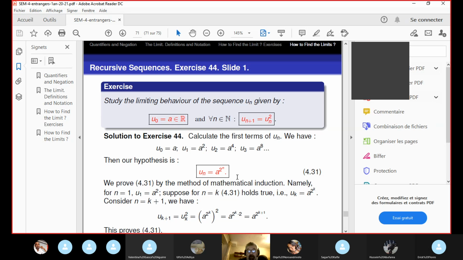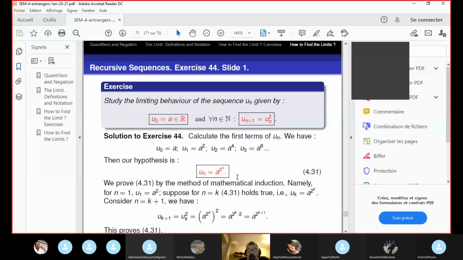In this case, I calculate: u0 is a, u sub 1 is a squared, u sub 2 is a to the power 4, u sub 3 is a to the power 8. Agree? Yes. Nothing special.